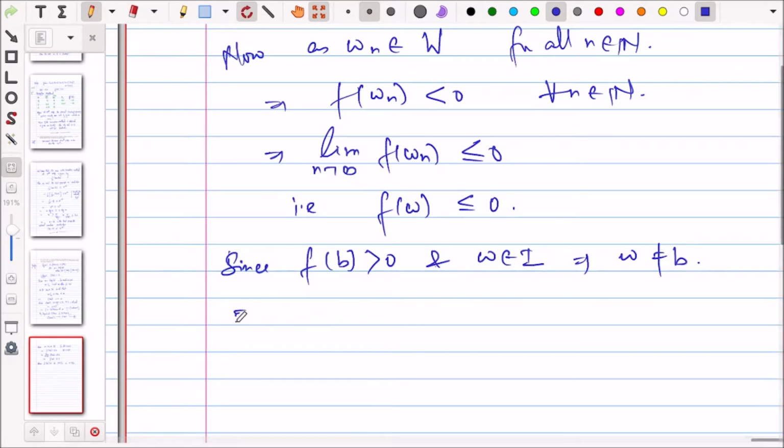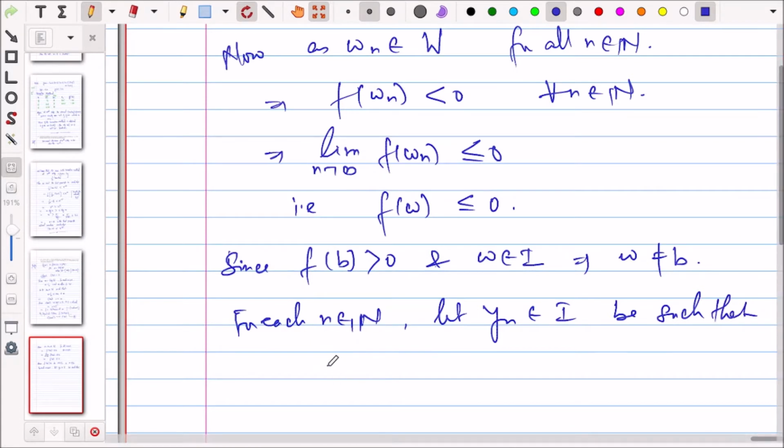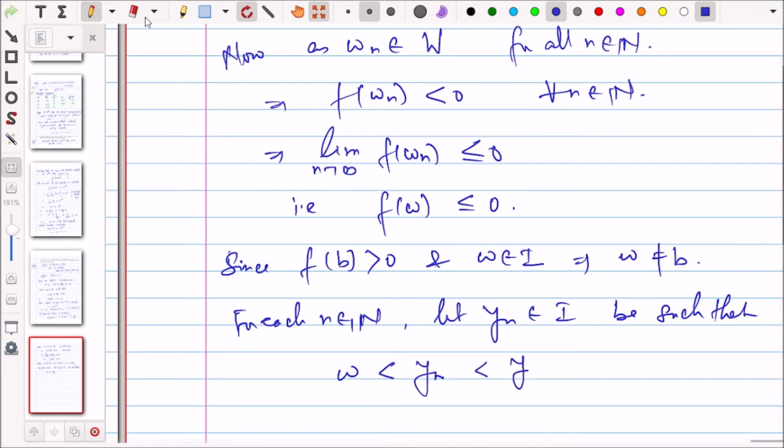So for each n belonging to N, let yn belong to I be such that w is less than yn and yn is less than w plus (b minus w) by n, because these two are not equal.